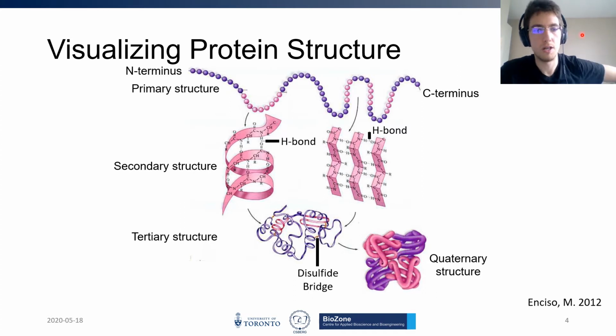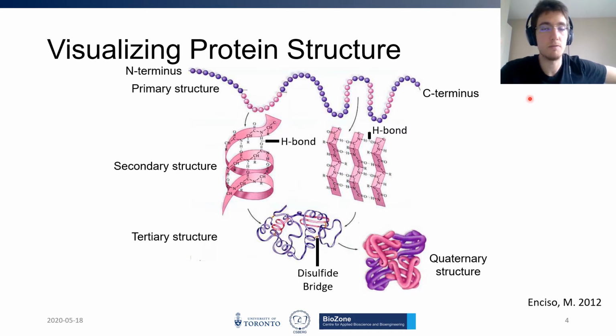On top here, much like we discussed, what we're looking at is individual amino acids as these circles attached together by these peptide bonds. That's the line that runs through them that holds them all together. And we see that there's an N-terminus here and a C-terminus here. This is what we call the primary structure. So this is just a line of amino acids.